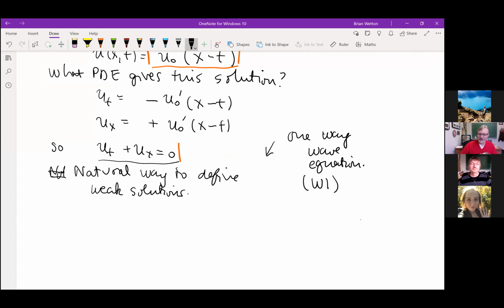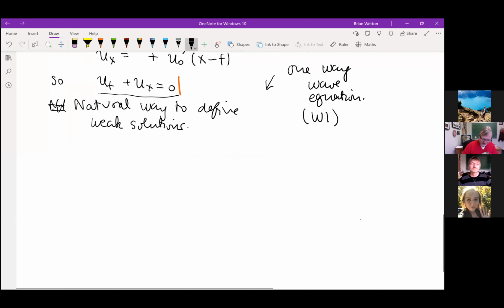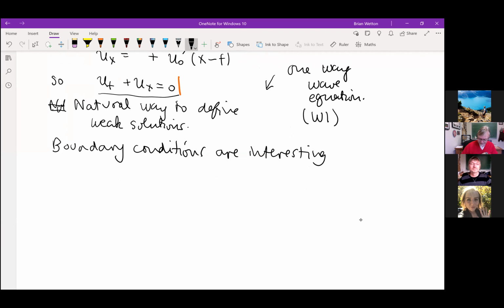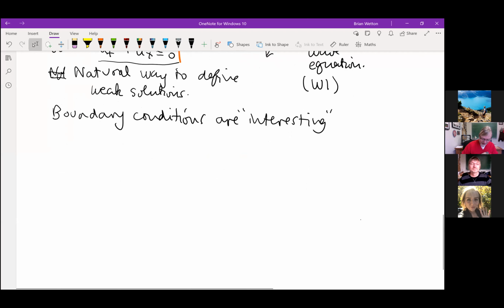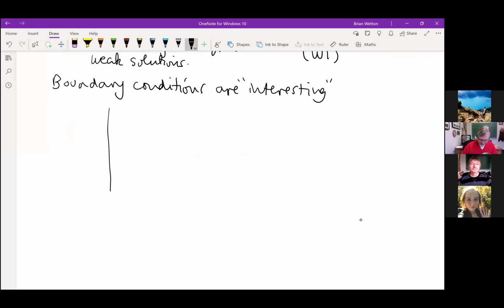I'm going to take a bit of a detour into boundary conditions, and then we won't discuss them for the rest of the class, except maybe in an assignment question. I'll say for problems like this, boundary conditions are interesting. Let's look at a problem where we're confining our attention to x equals 0 to 1.